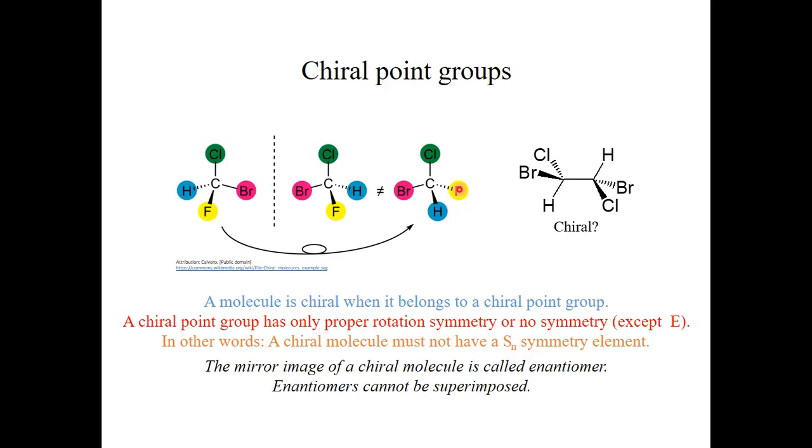So before we go to that, I also wanted to point out something else. We encountered this molecule here before, and we could ask, well, is this a chiral molecule? So maybe you can guess, is this chiral?